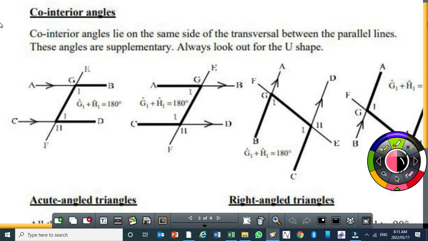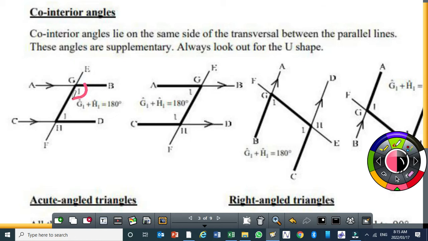Co-interior angles. Now, co-interior angles are supplementary, which means they add up to 180 degrees. So, for you to be able to identify co-interior angles, you must have a set of lines that are parallel, like in this case here, AB is parallel to CD.